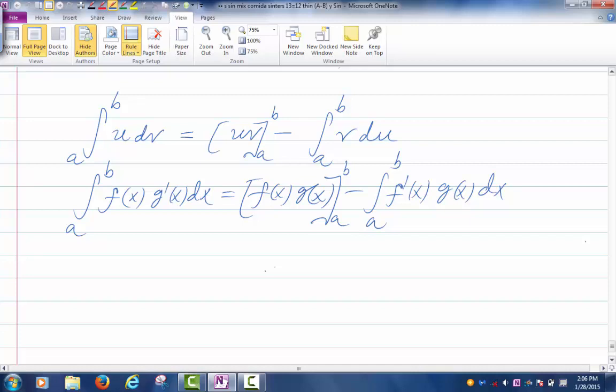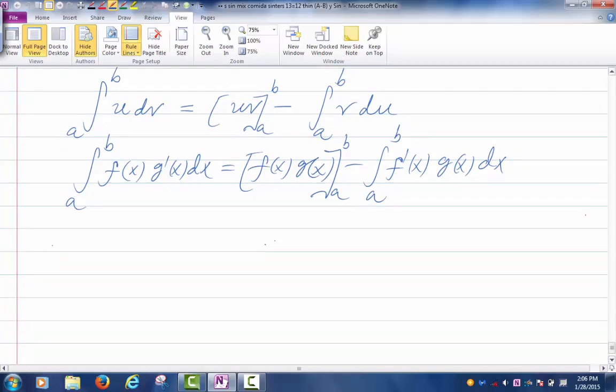But if you have limits of integration, uv needs to be evaluated at b and a and then subtract. And then integral of v du, you have to integrate from a to b. That's the only difference. Okay? And I'm going to show you an example in a bit to see how that works. Okay? So let's look at an example.